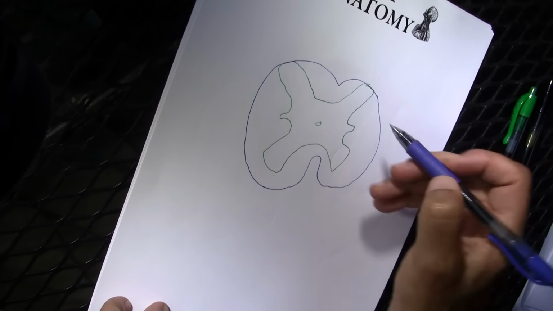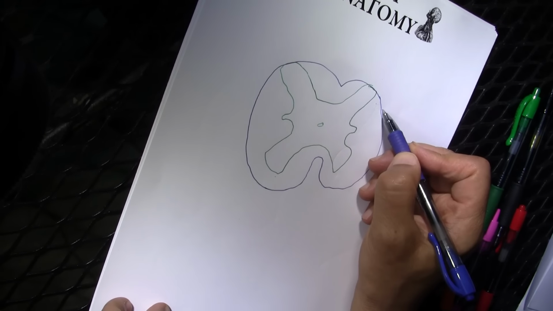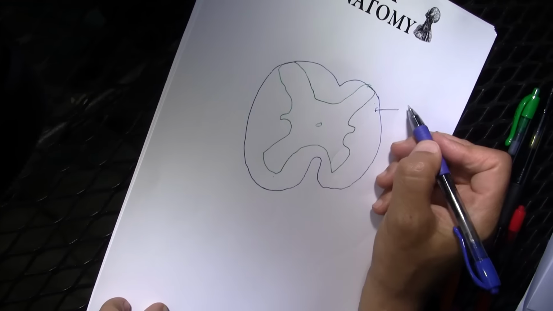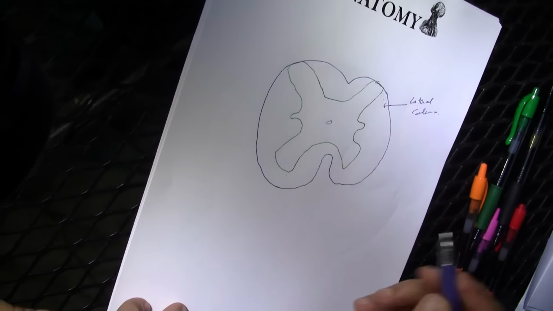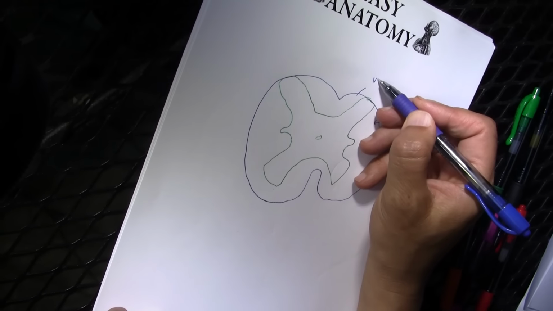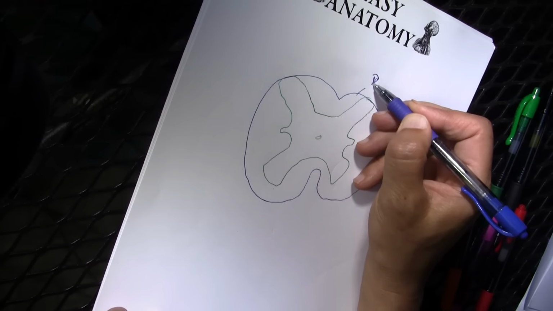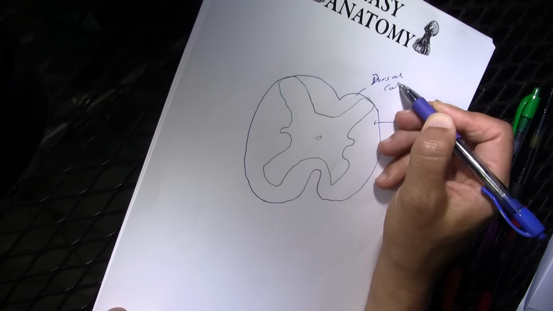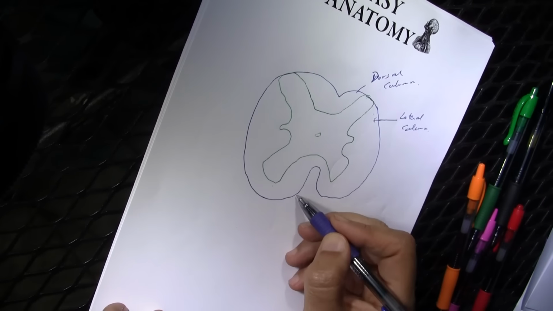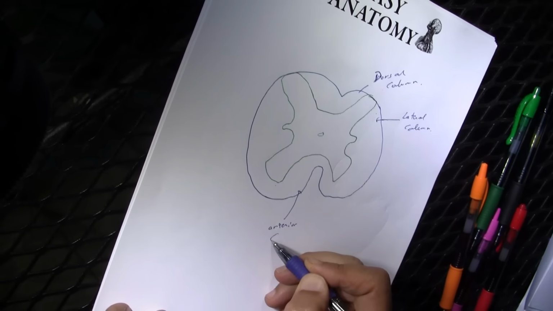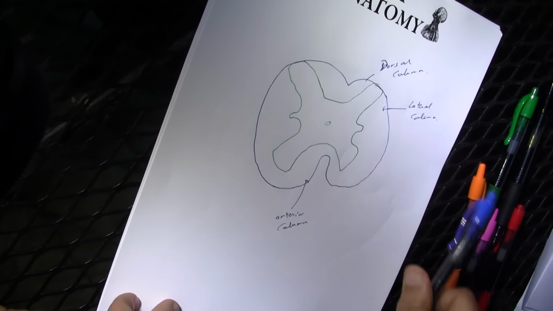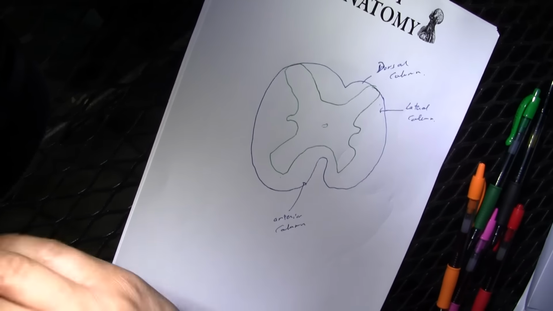So what is this area of the white matter called? Lateral column. And this one is dorsal or posterior column, and this is the anterior column. Okay, good.